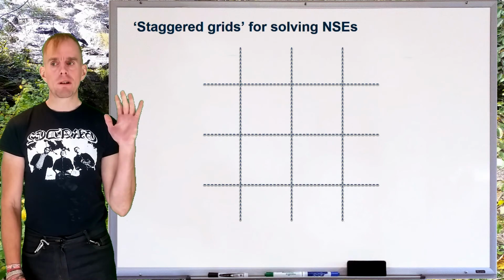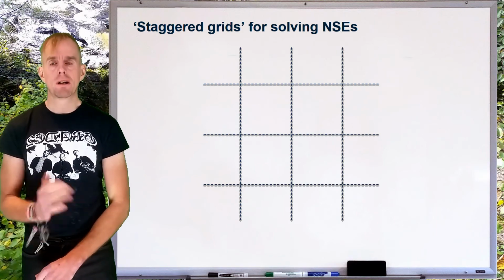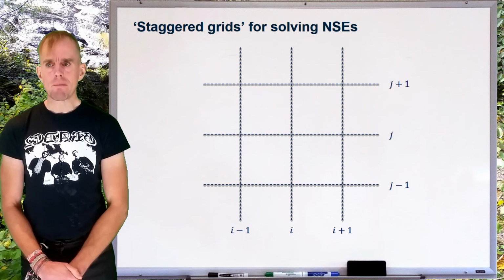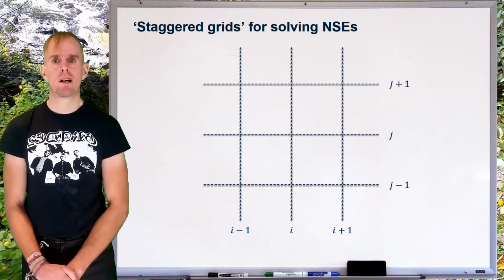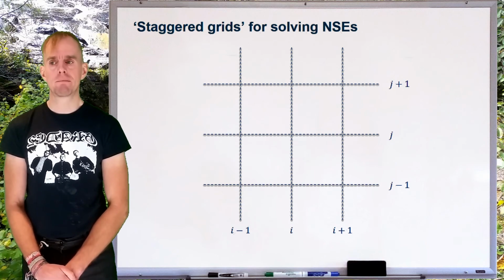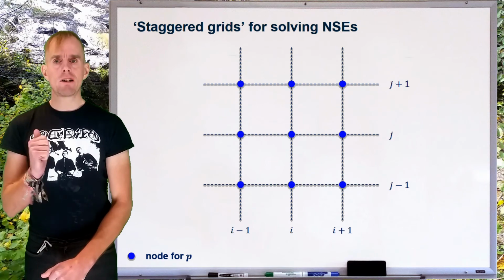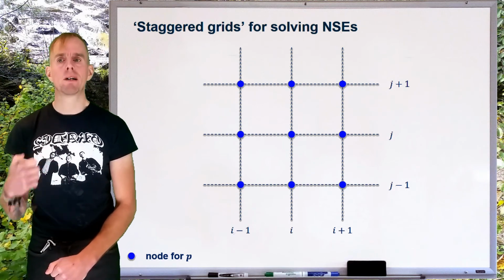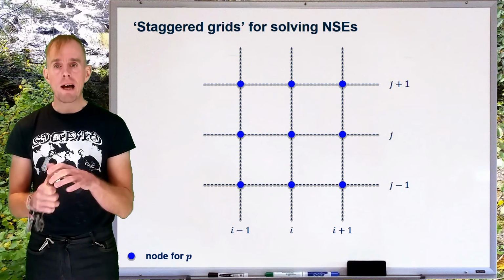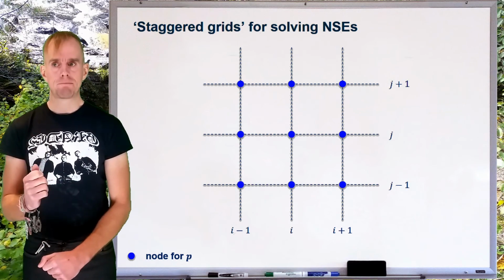So here on the board I'm going to put down a diagram which is my two-dimensional array of nodes again, and I'm going to use the same ij indexing notation that we used on the previous slide. And what I'm going to do is say that at every ij point, i, j plus 1, i minus 1, j minus 1, wherever those intersection points happen, I'm going to evaluate pressure.